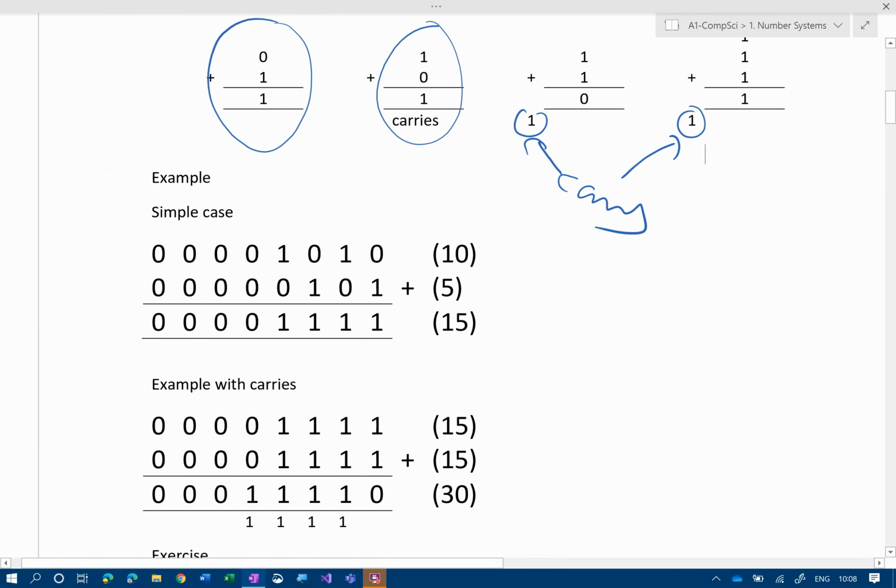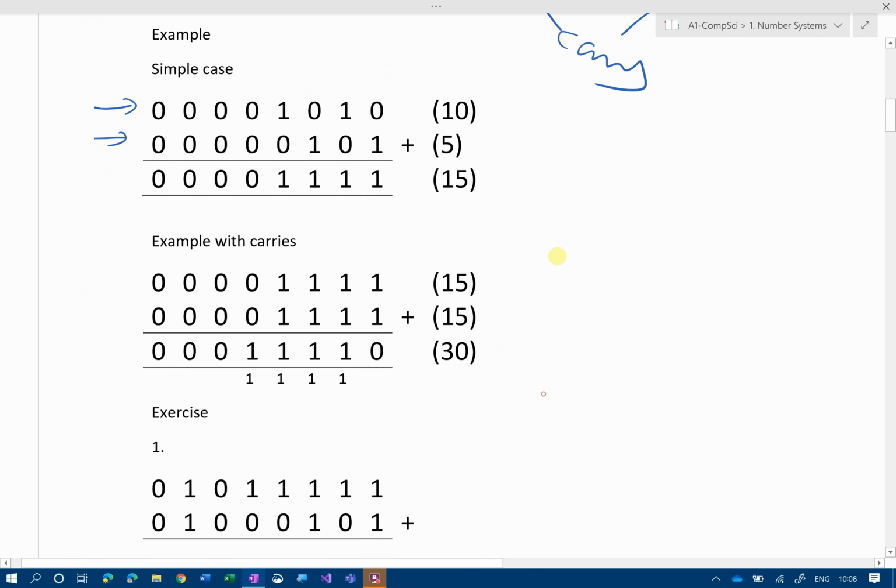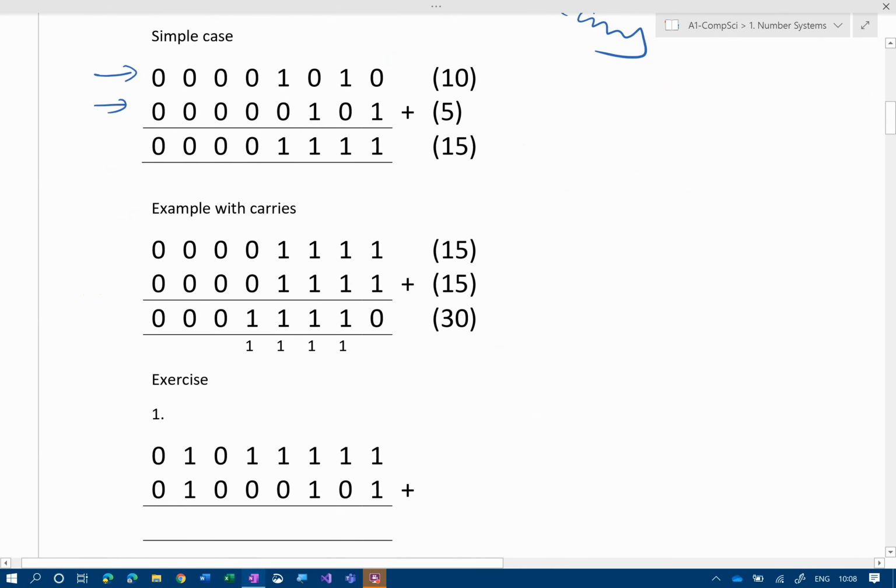Now there are some simple cases here. If we're adding 10, there's 10 there, and there's 5 here, there are no carries, so it's just adding 1s and 0s and then adding 0s. So 1 plus 1 is 1, again another 1, and look at it, it works out, it's 15. All right, nice. But we could end up with carries. So 1 plus 1 is 0, so that's the first one done there.